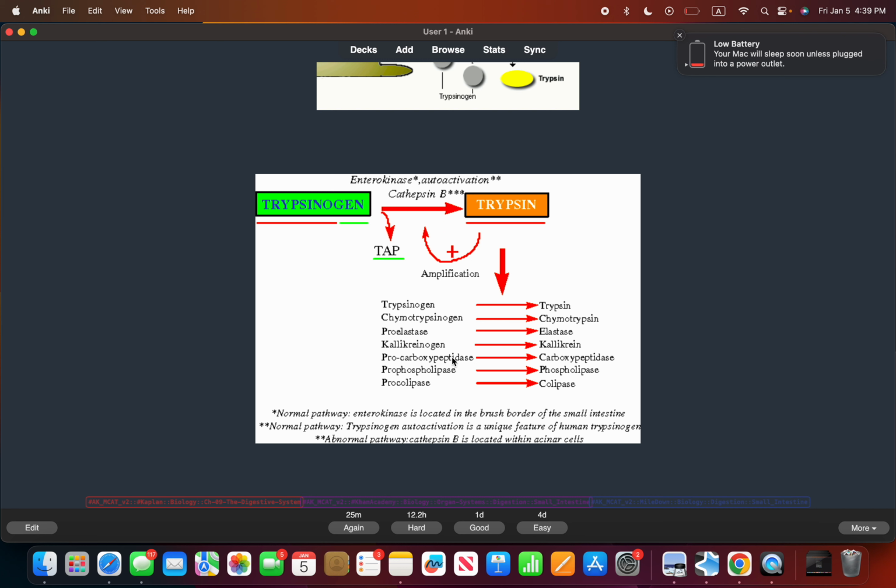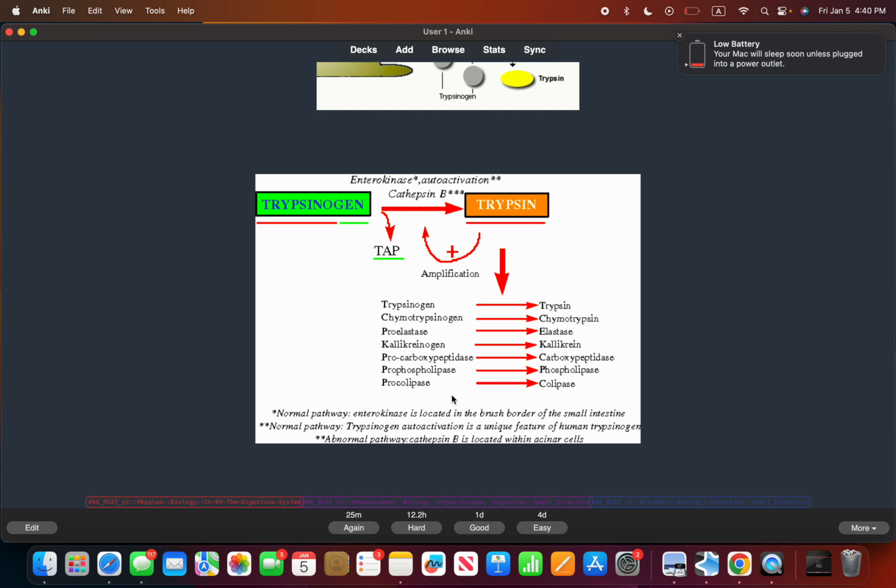So the ogen is removed from the end. So trypsin does all of these things. It's an enzyme itself, right? Procarboxypeptidase into carboxypeptidase, prophospholipase into phospholipase, and procolipase into colipase.